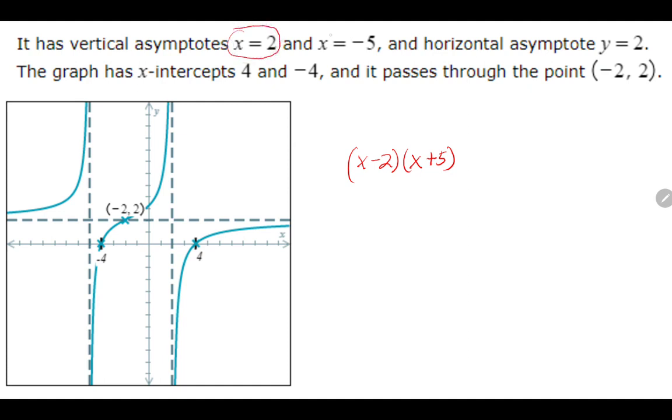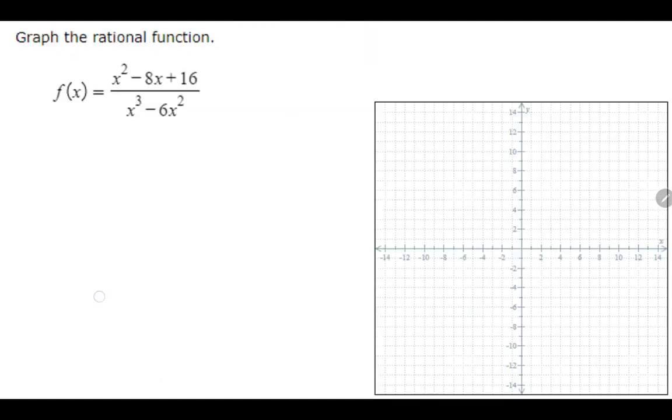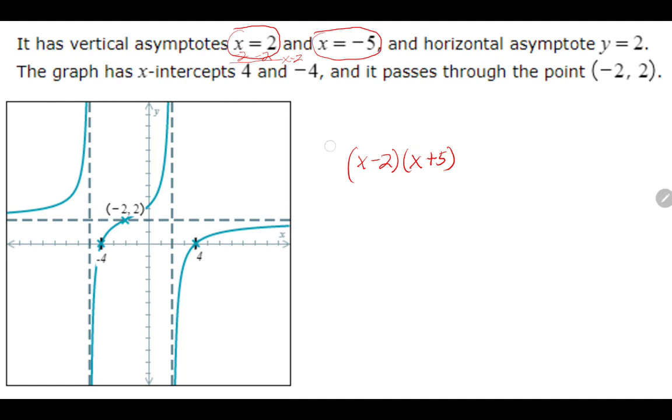This is set equal to 0. So to solve it, I would subtract 2 from both sides, which is going to give the x minus 2, which is what I have. Same thing for the other one. That's my denominator. So I already know that.